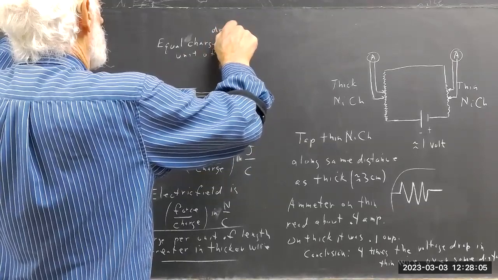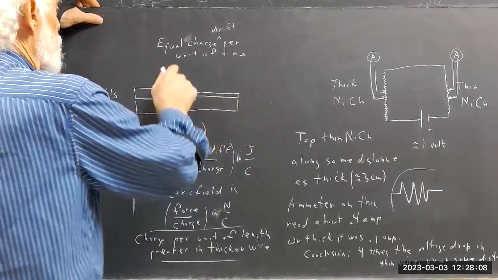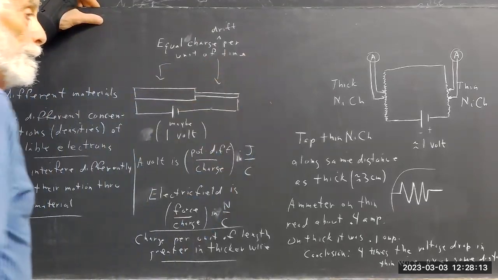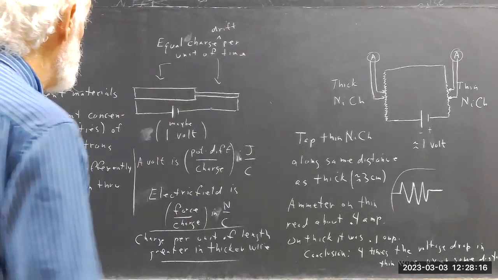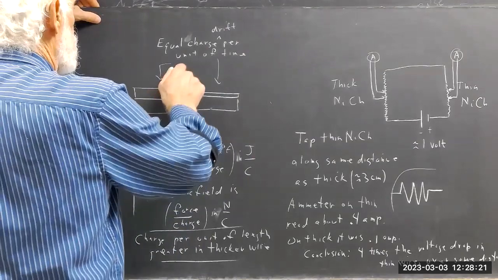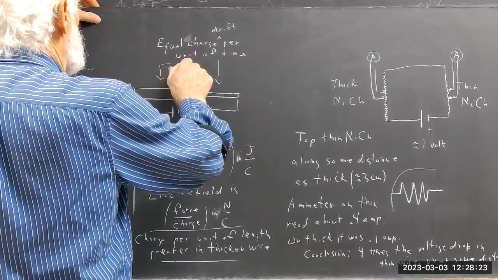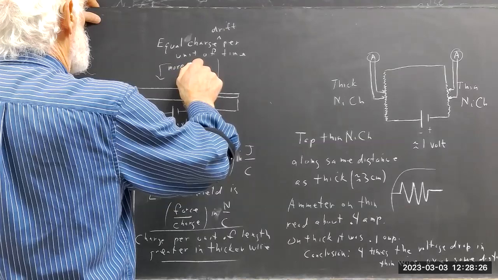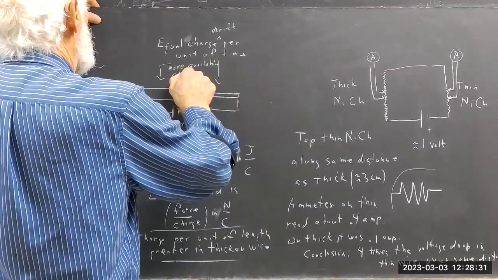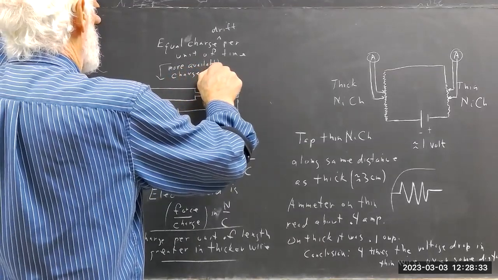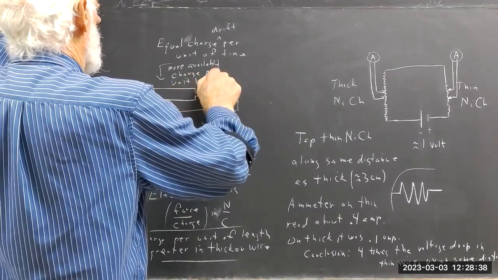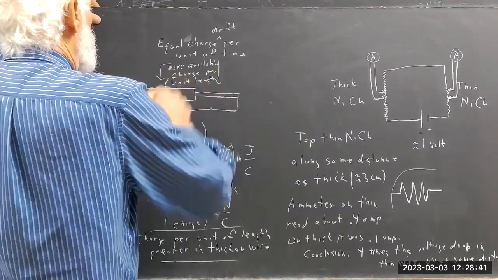I'll say we have equal charge drift per unit of time here and here. Okay. More charge is available per unit length here.